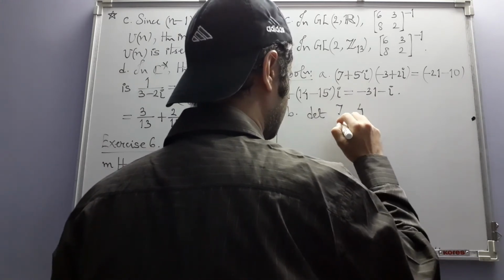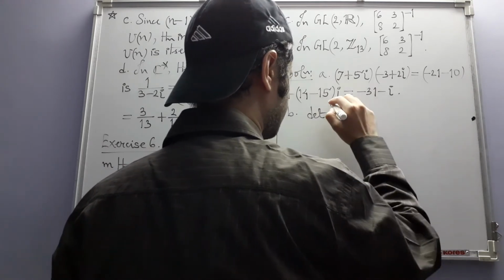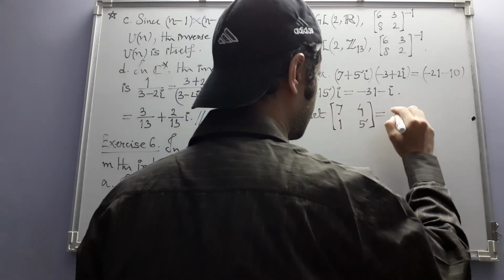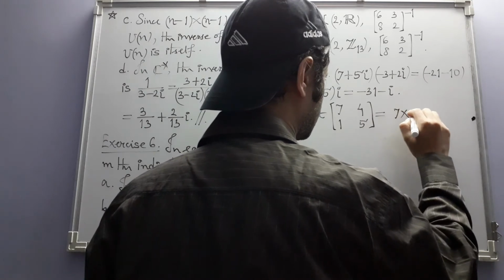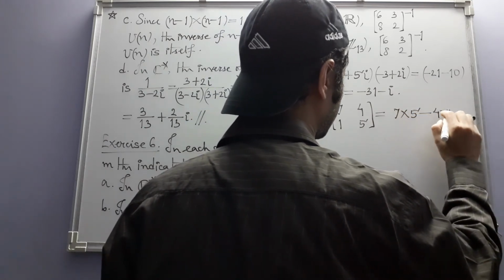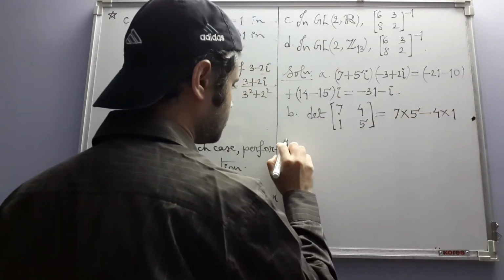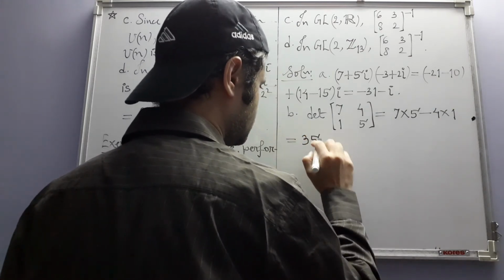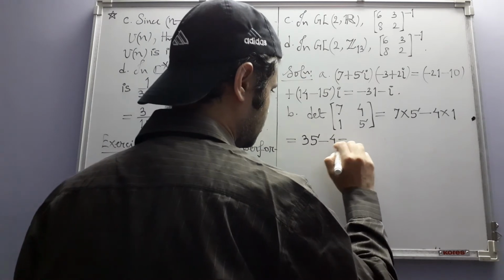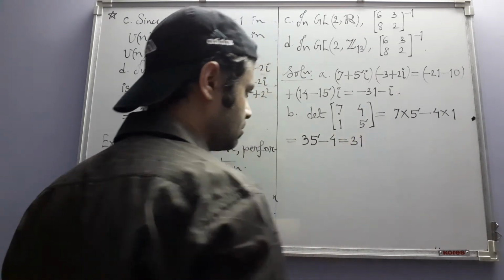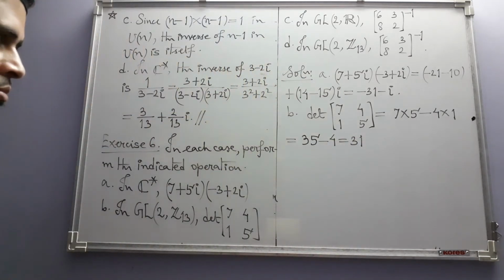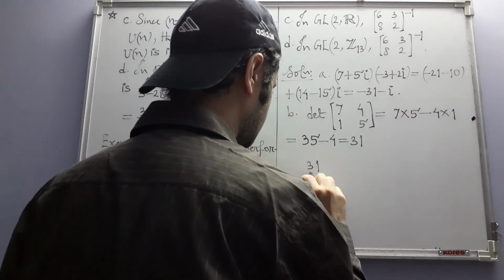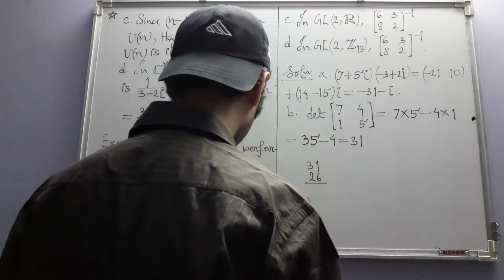7, 4, 1, 5. So this is equal to 7 times 5 minus 4 times 1, 31 minus 26.